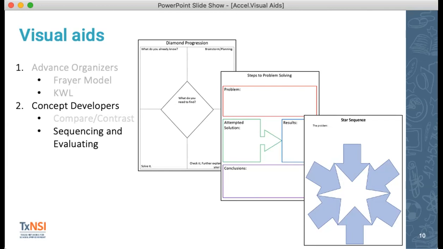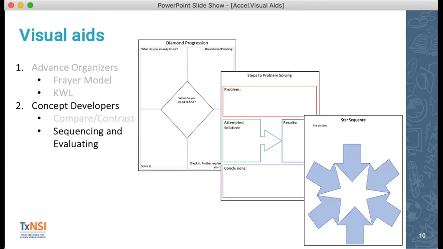Some of you use different problem solving models already, and those work great, and they would be in this category as well. Others of you don't use that, and kids sometimes get a little bit confused as they work through a problem. So you might want to consider some of these.